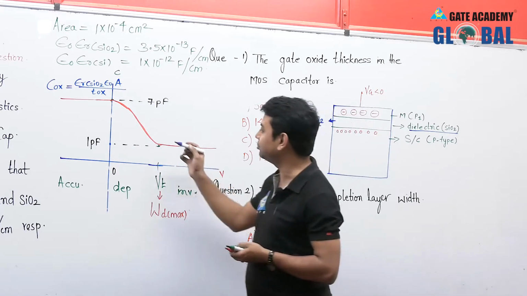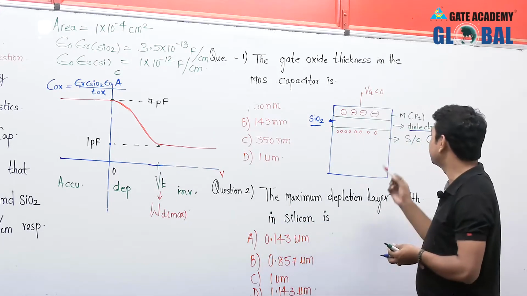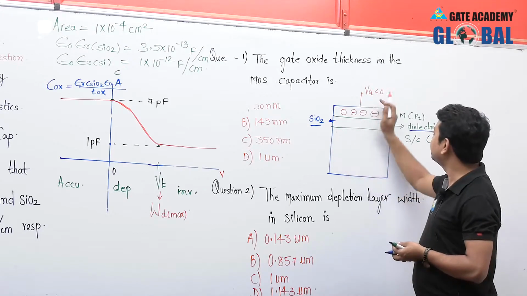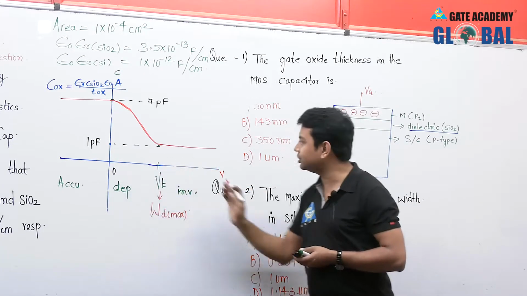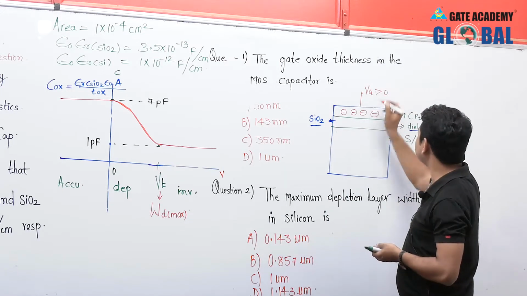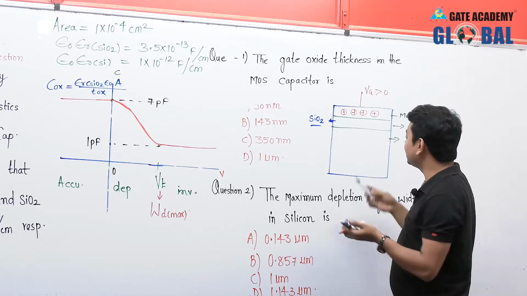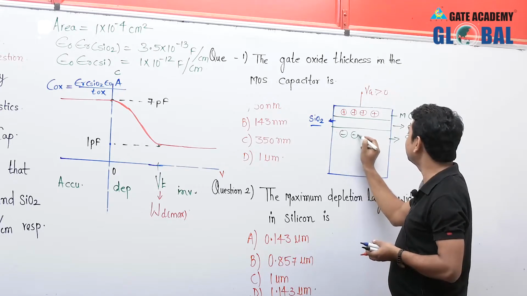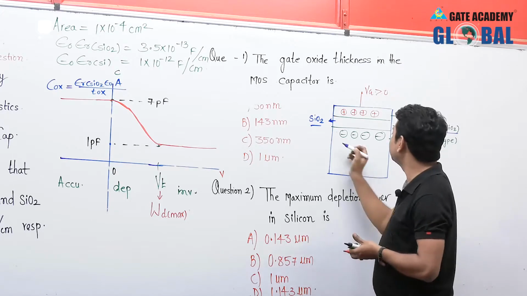In the second region, where we have depletion, the capacitance is due to two things. Now the gate voltage will become positive. See here, we are on the right side of 0. Here we have the negative ions, and these negative ions act as a depletion region.